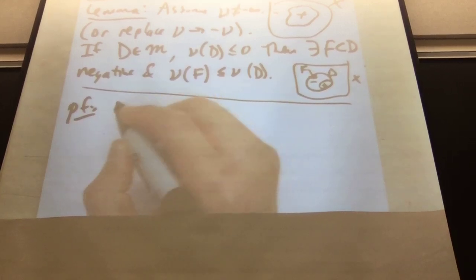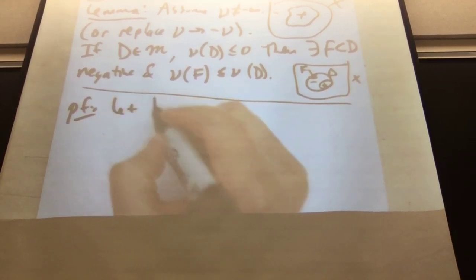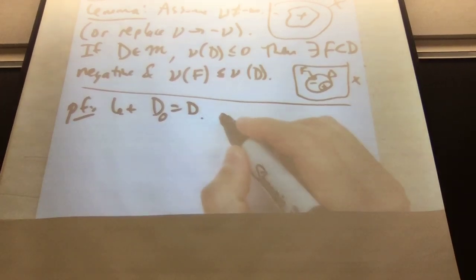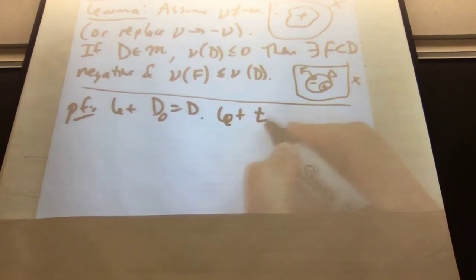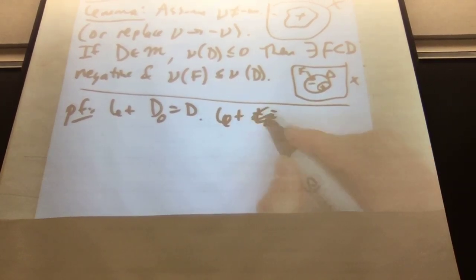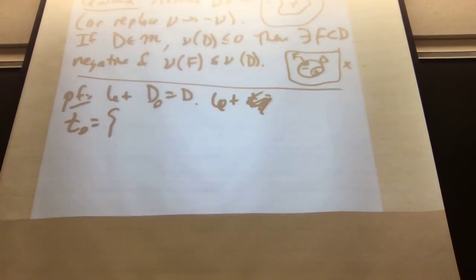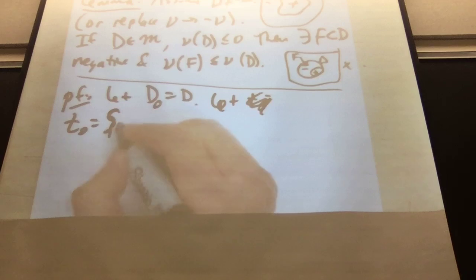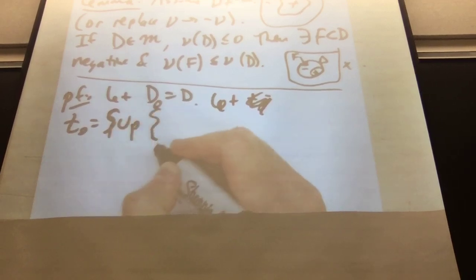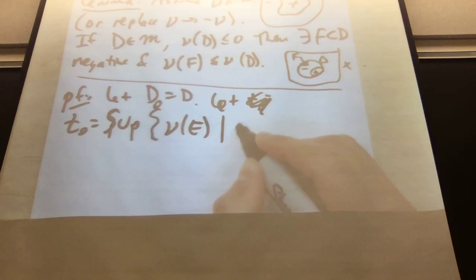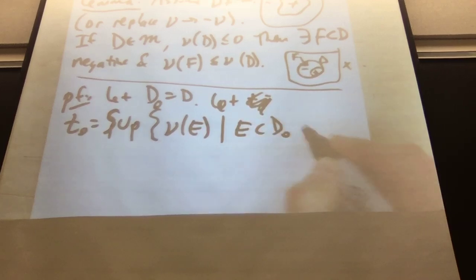So let's start with D0, which is just D itself, and let T0 be the supremum over all the measures of all subsets of D0.